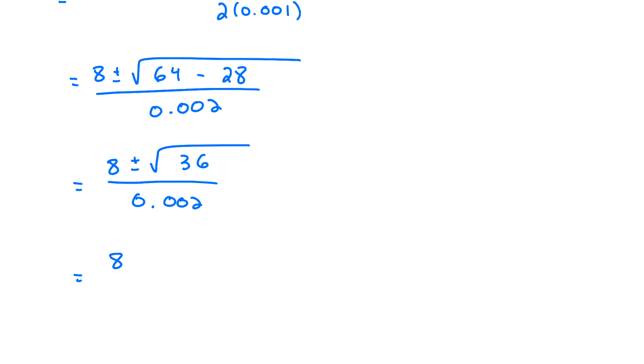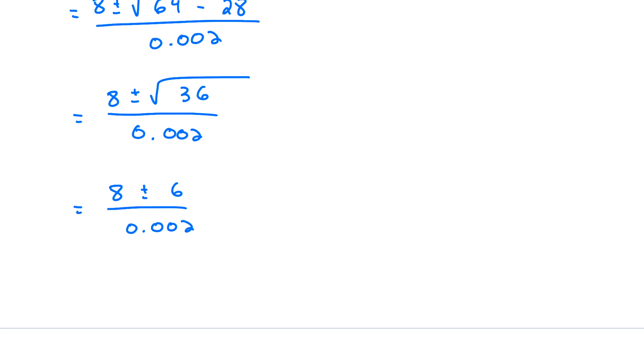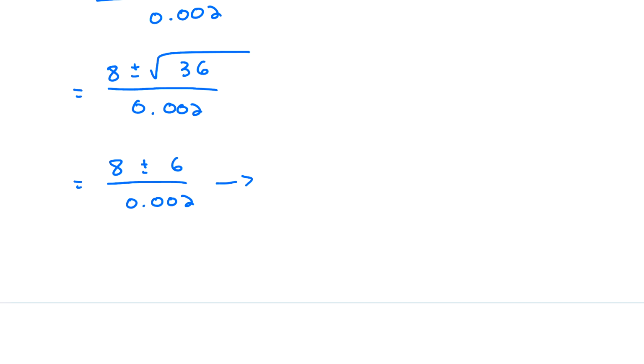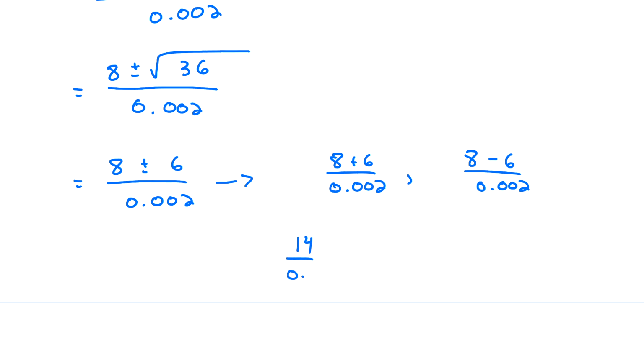So this is 8 plus or minus 6 over 0.002. So we really have two solutions at this point. We've got 8 plus 6 over 0.002, and we have 8 minus 6 divided by 0.002. So let's see. One of my solutions will be 14 over 0.002, which should give me 7,000. The other solution, I should have 2 divided by 0.002, and that should give me 1,000.